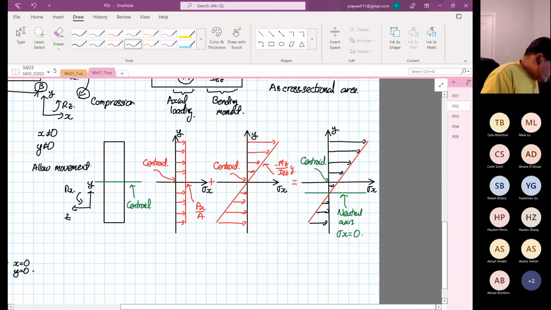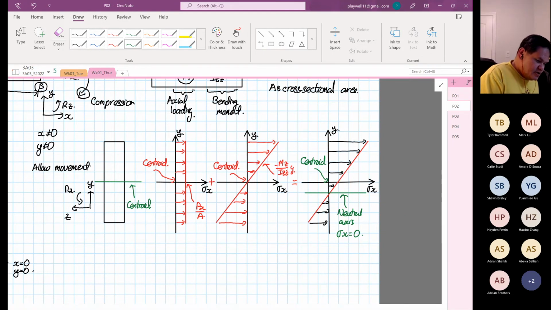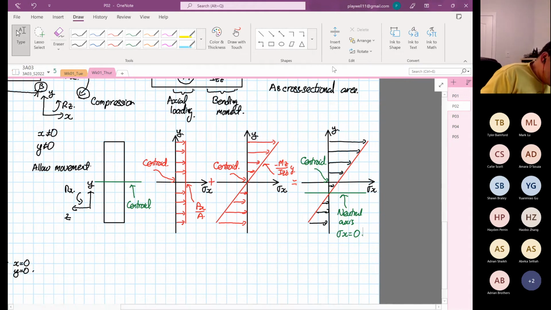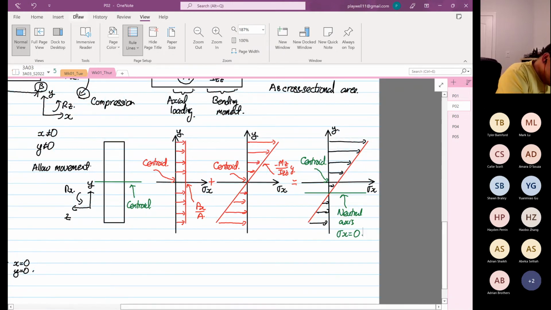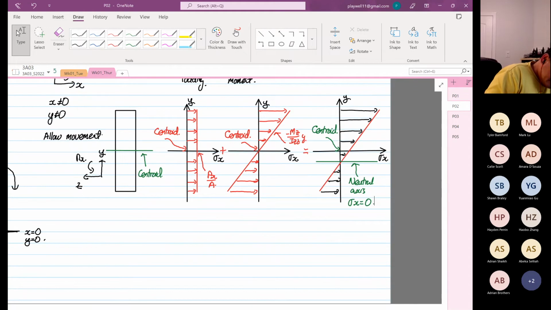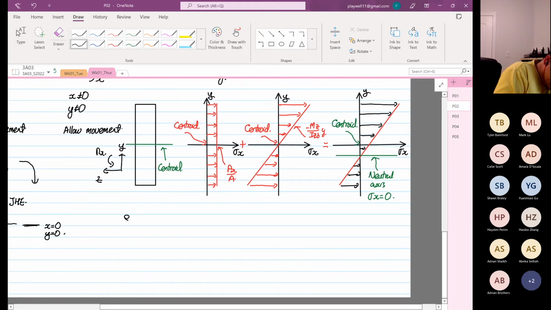Zero. You can see now where the structure is under eccentric, symmetrical bending.